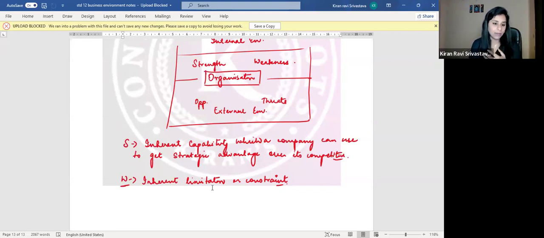That's inherent limitation. The next is opportunities. What is an opportunity? An opportunity is a favorable condition. Now remember, in business, whenever one company loses, another company gains.